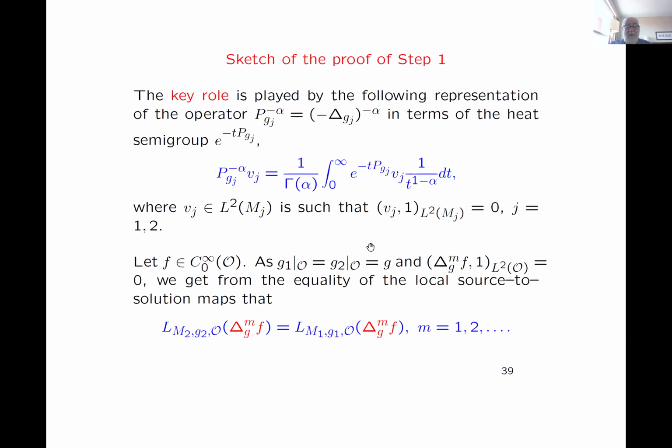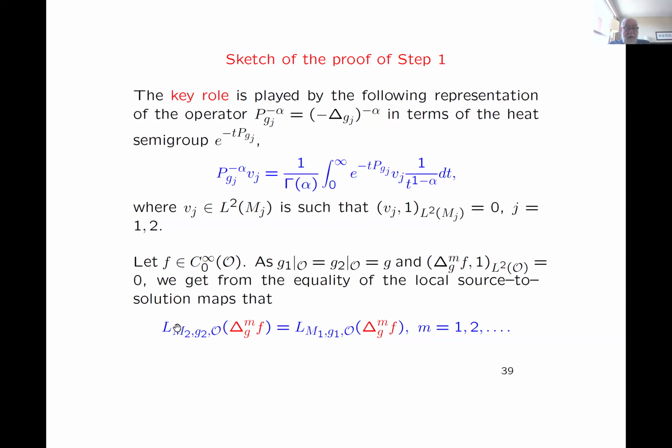As I mentioned before, the fractional Laplacian can be written in terms of the heat equation, and this is the key. That also was used by Bosch, Lin, and Chow before. And if the metrics are the same, then the local operators also satisfy this.